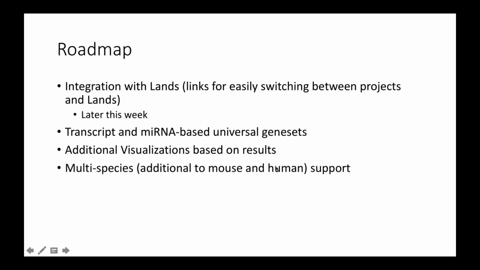The land subscriptions themselves only have mouse and human data. But I've shown this to a couple of our customers, and there's been some interest in customers using their own gene sets, and they might have rat and monkey and some other species as well. So we'll support the automatic mapping for that as well.